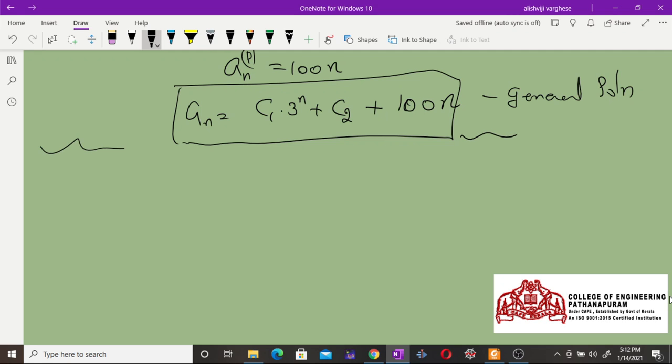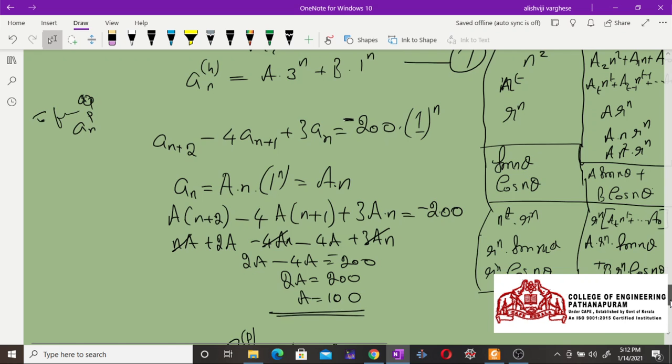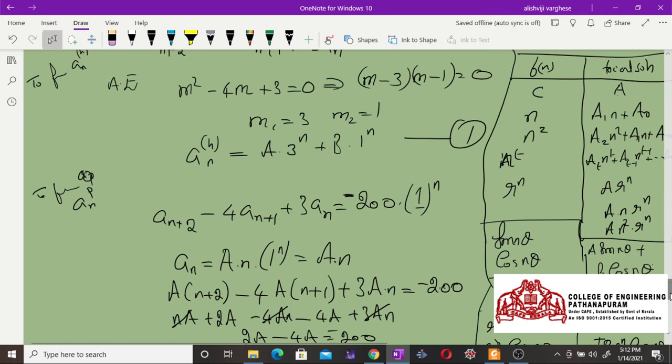So that is the method by which we solve a non-homogeneous recurrence relation in which we have a particular value for f of n.